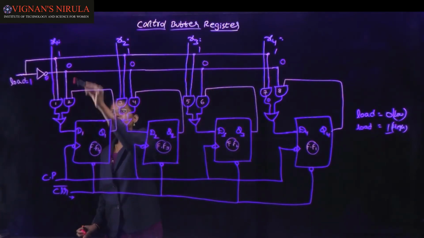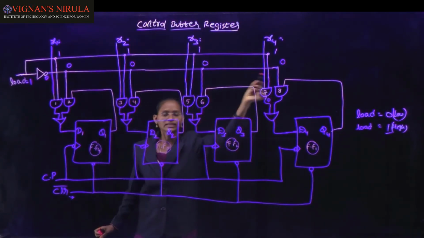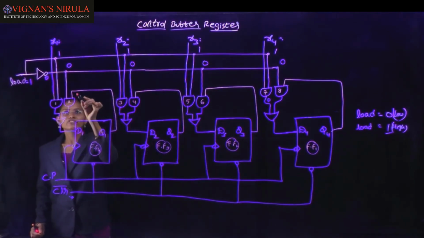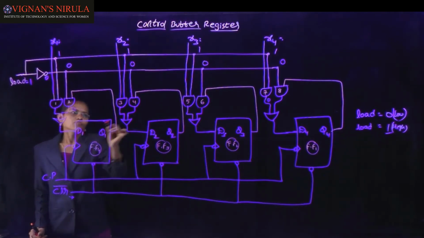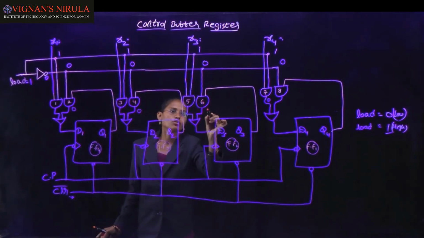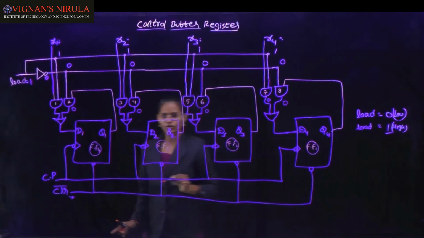Second AND gate 0, fourth AND gate 0 and sixth AND gate 0 and eighth AND gate is also 0. Any AND gate with an input of 0 has output 0, so second, fourth, sixth and eighth AND gate outputs are 0.